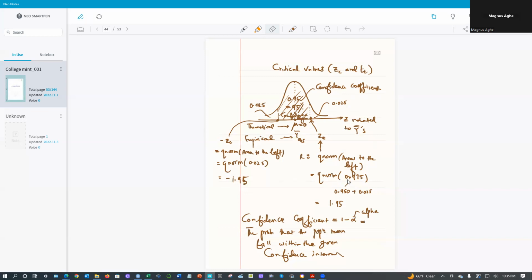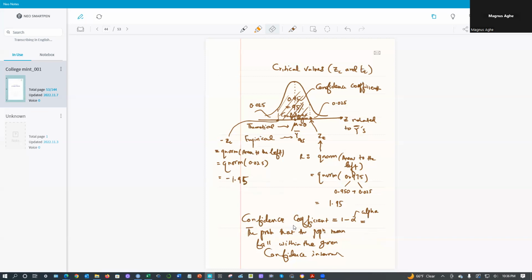Area to the left is 0.975. 0.975 is nothing but 0.95 and 0.025 added together. That's how you get that. Okay. Then if you run that one, you get 1.96. You do this for the same area to the left of that cutoff value.